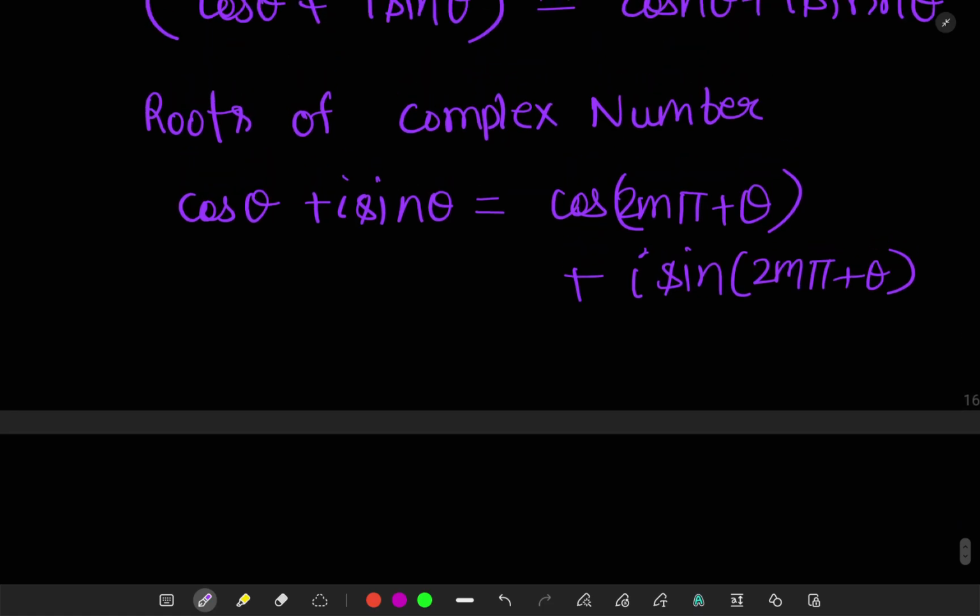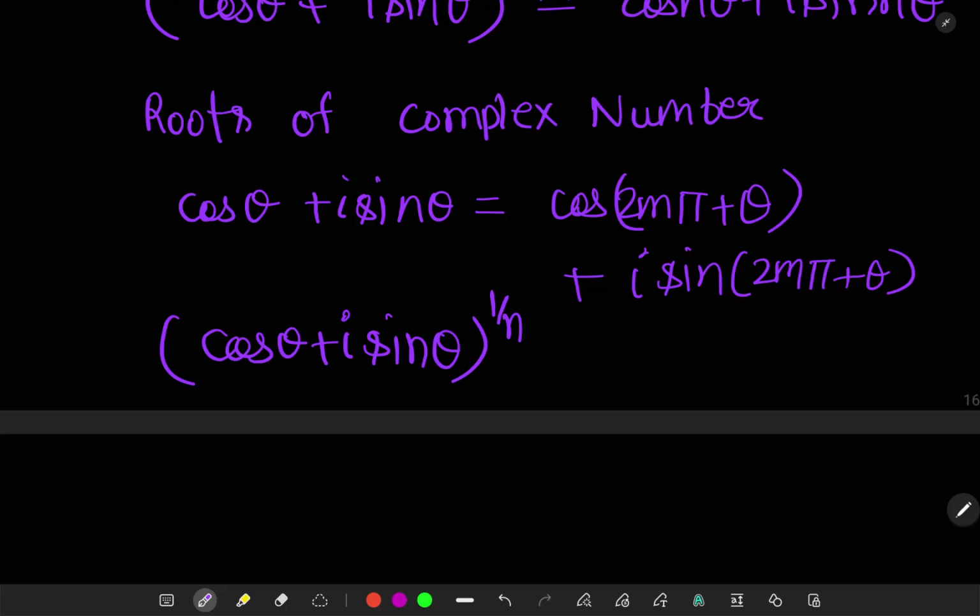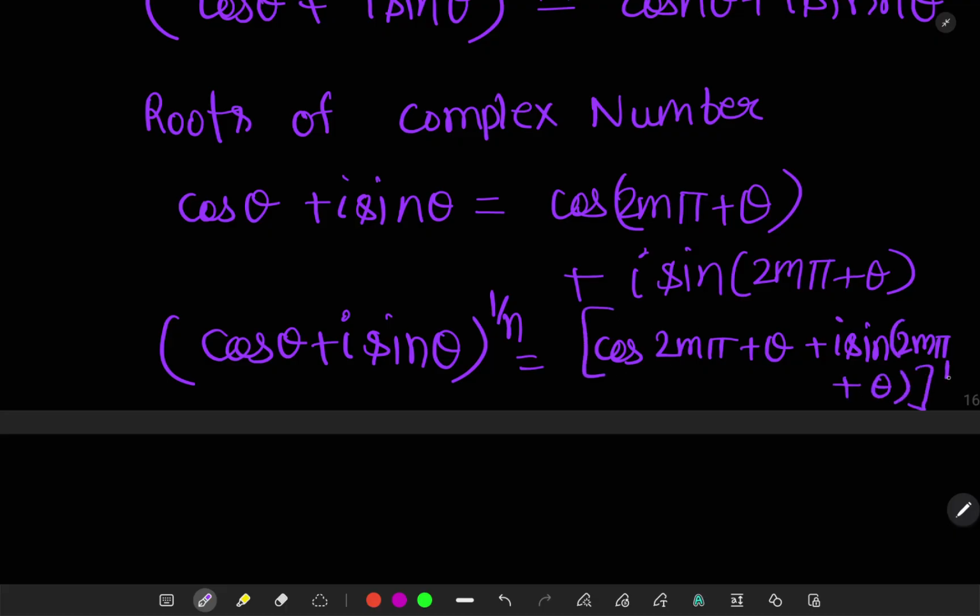For finding roots of a complex number having power n, we take cos theta plus iota sin theta whole power 1 by n, equals cos 2m pi plus theta plus iota sin 2m pi plus theta whole power 1 by n.